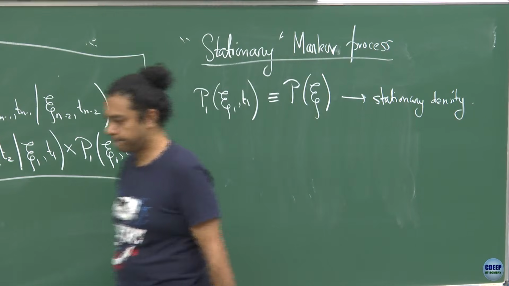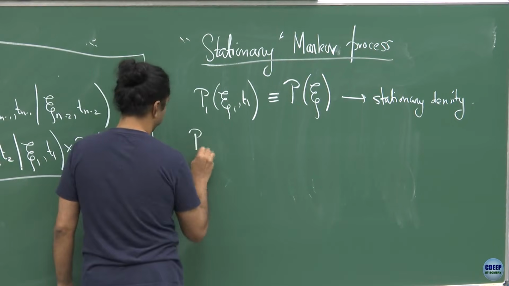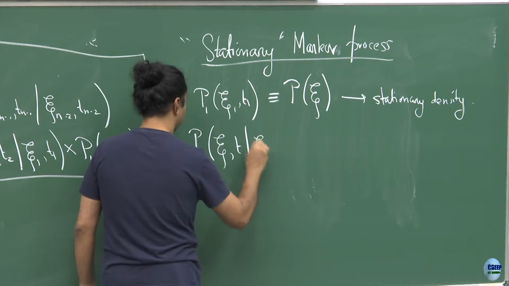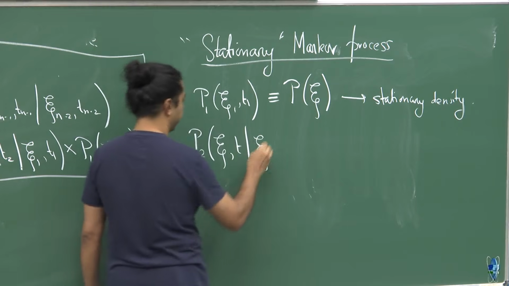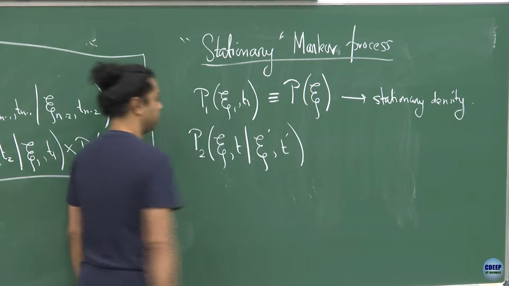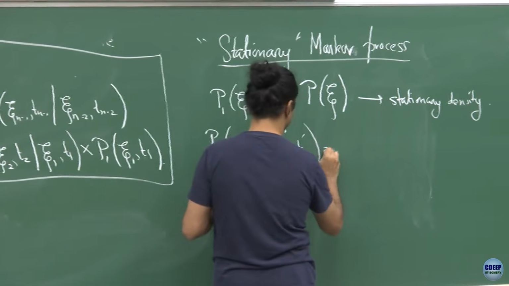Okay. And further these conditionals, right. So, this P2 of xi comma t, given that you were at xi prime comma t prime, will also only depend on elapsed time.